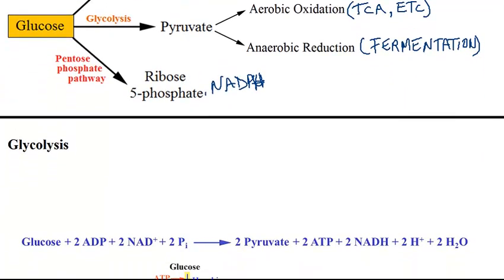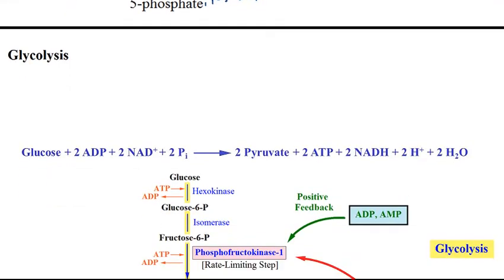Alright, so starting with glycolysis, its definition is actually breakdown of glucose. And what happens in glycolysis is that glucose, through a series of reactions, will be broken down into glyceraldehyde 3-phosphate and dihydroxyacetone phosphate, or DHAP.